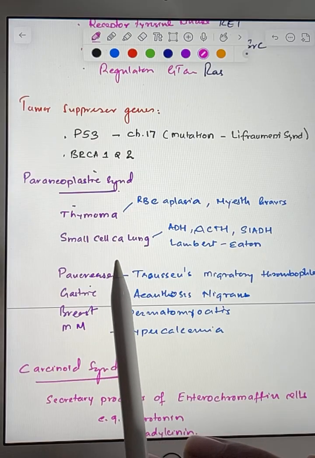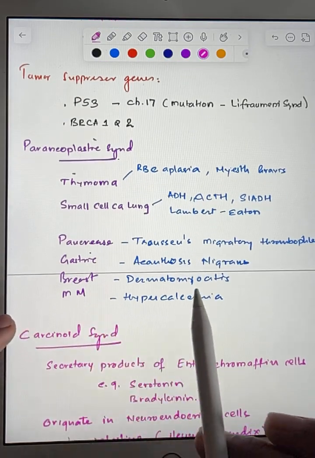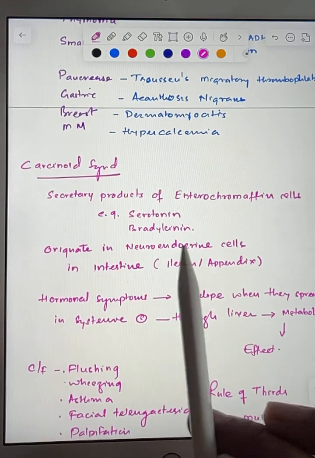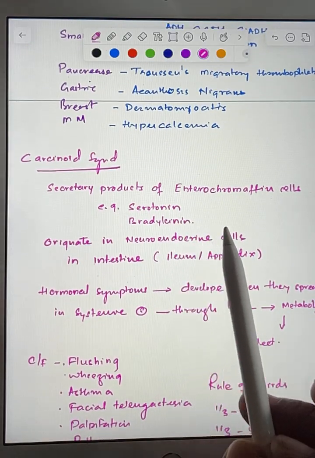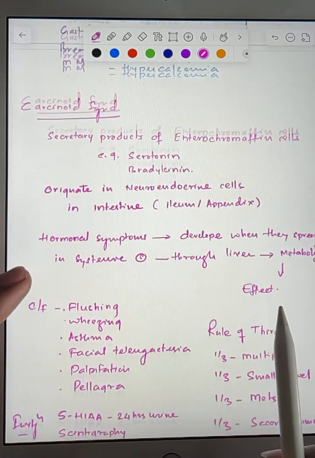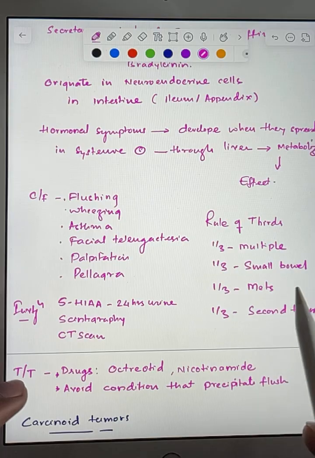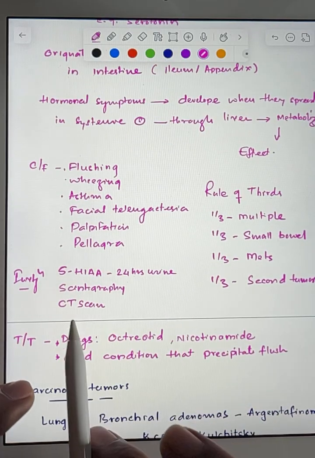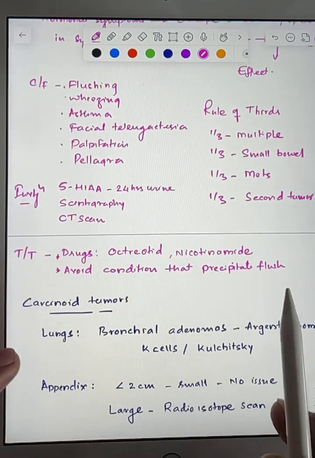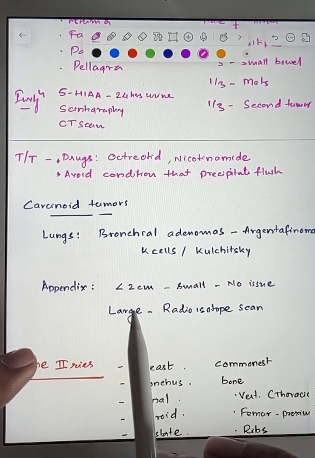Paraneoplastic syndromes: thymoma, small cell, pancreas. Carcinoid syndrome: secretory products of endocrine cells, serotonin, bradykinin, neuroendocrine origin, flushing, wheezing. Rule of 3, one third multiple, small bowel, appendix less than 2 centimeters.